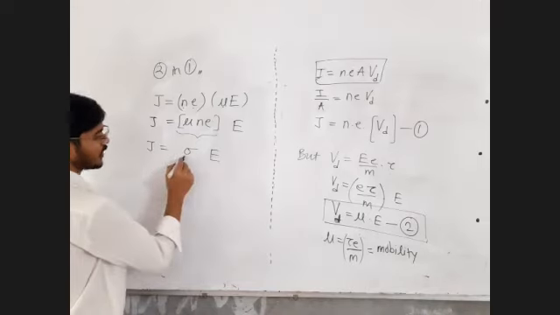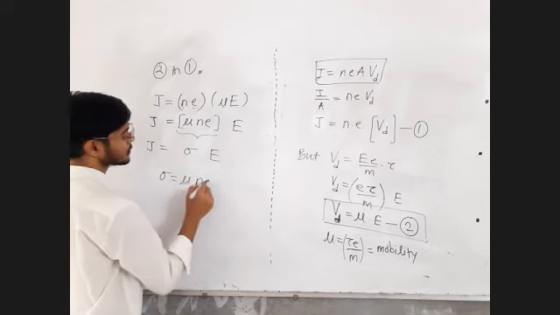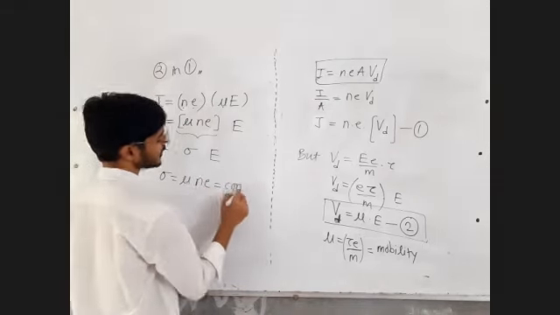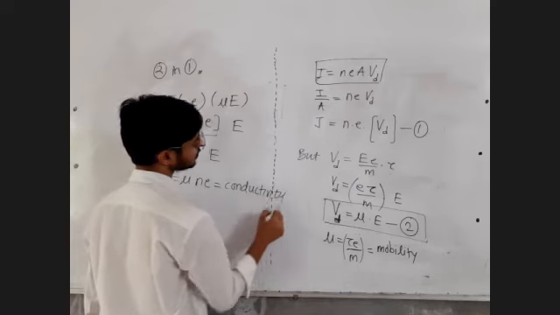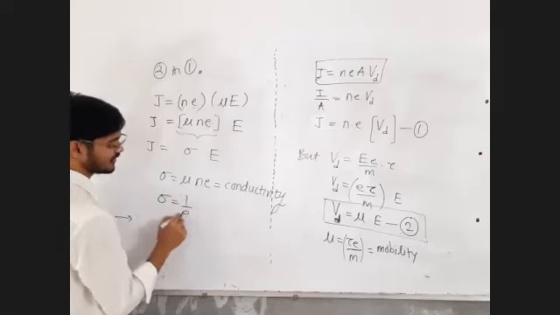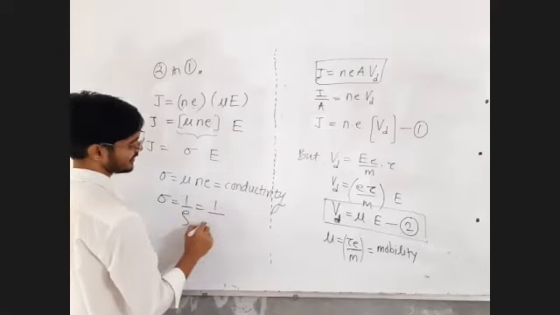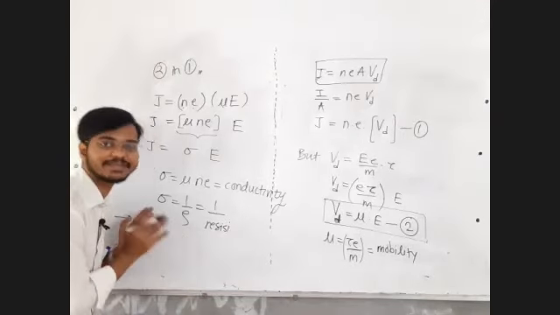Sigma is called conductivity, and it is 1 upon resistivity. And you already know what resistivity is.